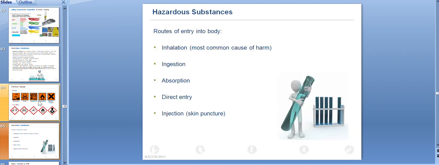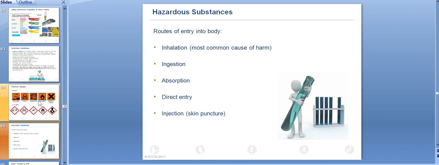Routes of entry of hazardous substances into the body: inhalation is the most common cause of harm. The lungs will be affected; your breathing system will be affected faster due to inhalation. Ingestion is when something is mixed in food and then you take it.